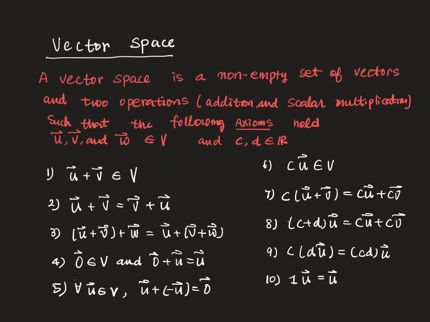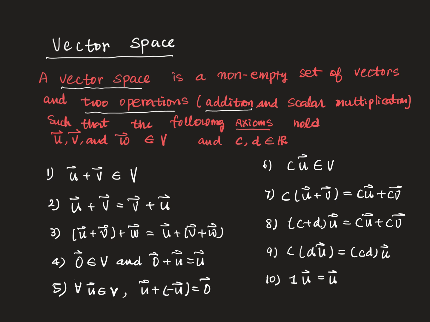Okay, first, what is a vector space? When you're talking about the definition of something in this chapter, you have to understand the definition. We're going to accept it as it is. You can't argue about that. So a vector space is, guys, a non-empty set of vectors, like all the vectors we studied so far. Then we define two operations.